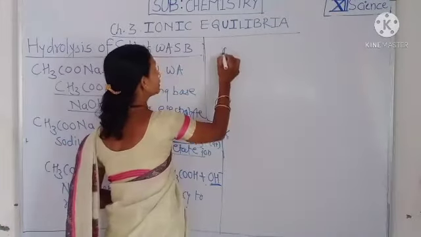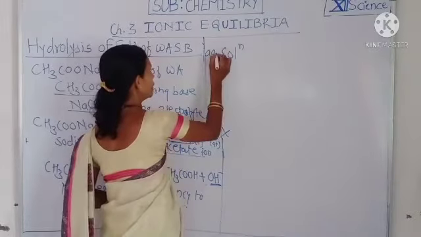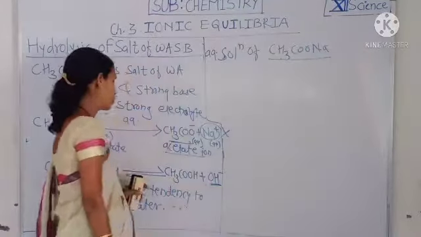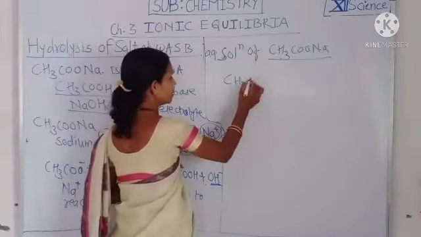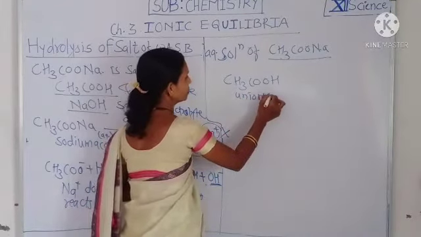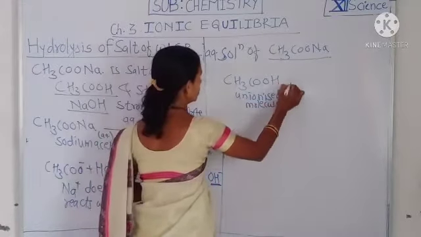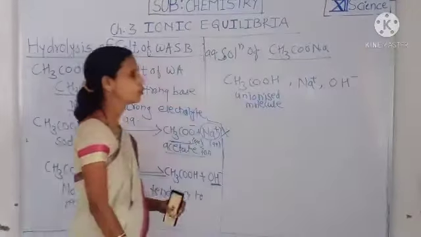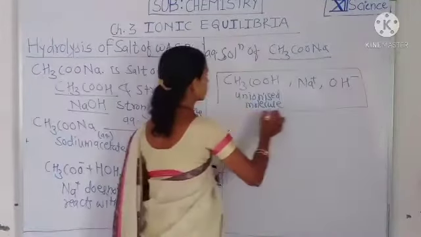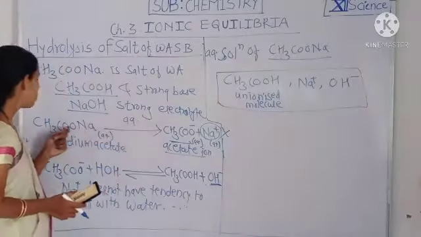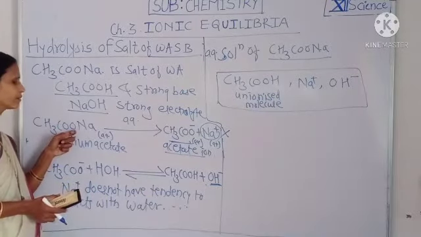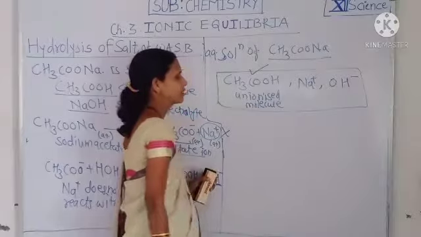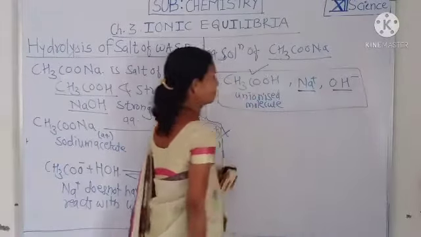That means the resultant solution, the aqueous solution of sodium acetate, CH3COONa, when it is dissolved in water, contains unionized acetic acid molecules, Na+ and OH- ions.